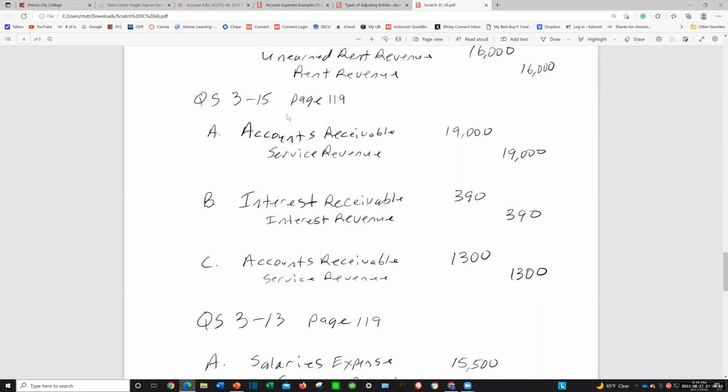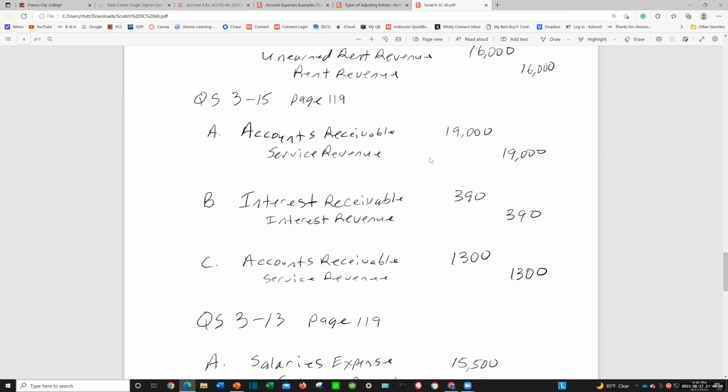Okay, this is at the bottom of page 119. So A, accounts receivable. At year end, the company has completed services of $19,000 for a client, but the client has not yet been billed for those services. Well, we earned it, so we have to record the revenue, right?